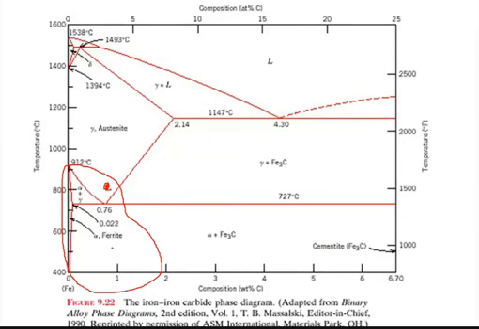Let us consider 0.7% steel. If you are heating this steel somewhere here, we have austenite. But it doesn't say whether it is homogeneous austenite or non-homogeneous austenite. It says austenite is there. But what we discussed so far, you will get homogeneous austenite only when you hold the sample for a prolonged time. So the time axis is not available in the iron carbon diagram. Remember that the time axis is not available in the iron carbon diagram.